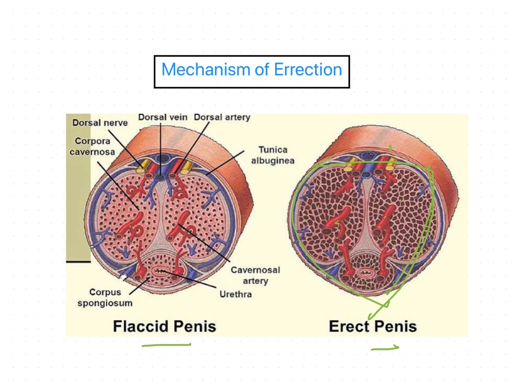That fibrous sheath is called tunica albuginea, which greatly contributes to the stiffness of these engorged corpora. Okay, and the nerve which helps in erection is by the parasympathetic fibers, which control the erection.